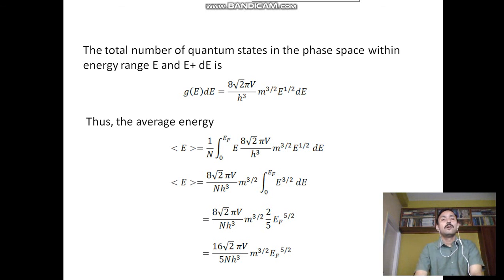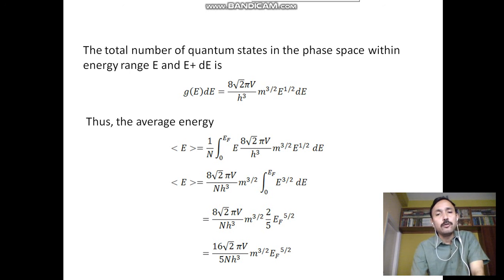Now the total number of quantum states in the phase space within the energy range E and E plus dE is g(E)dE, and already we have derived g(E)dE means 8 root 2 pi V by h cube m to the power 3 by 2 E to the power half dE.